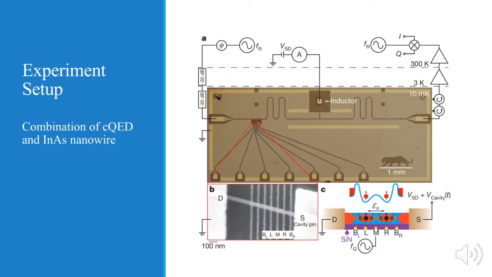Here, we're trying to combine the CQED architecture with spin qubits by coupling an indium arsenide nanowire double quantum dot to a superconducting cavity. The architecture allows us to achieve a charge cavity coupling rate of about 30 megahertz.